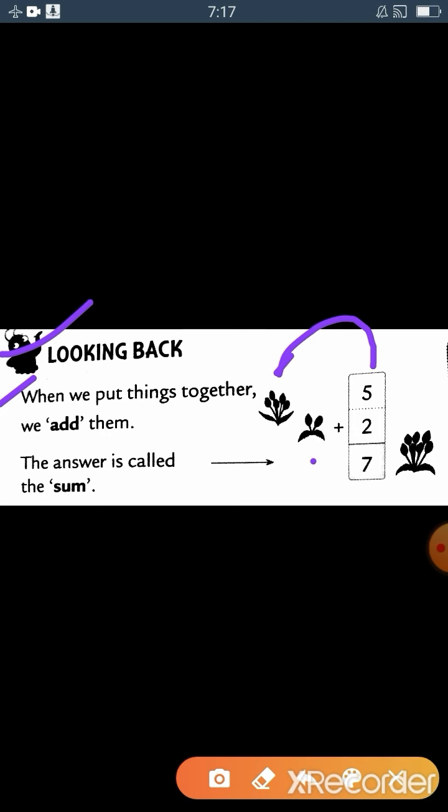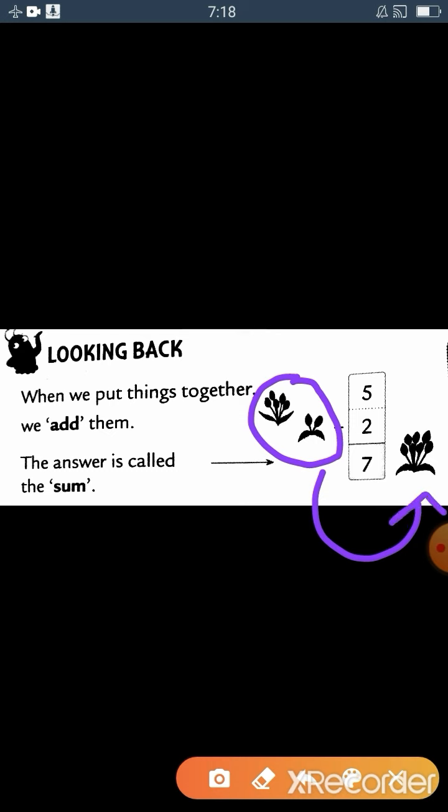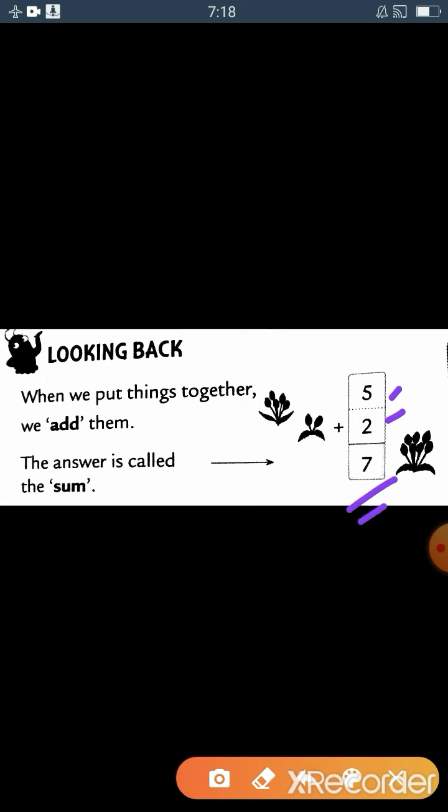In this bunch, there are 2 flowers. So that number they have written here. So now what they have done is they have put all the flowers together and made a bunch here, and if you count there are 7 flowers in this bunch. So we understand that 5 and 2 flowers make 7 flowers.